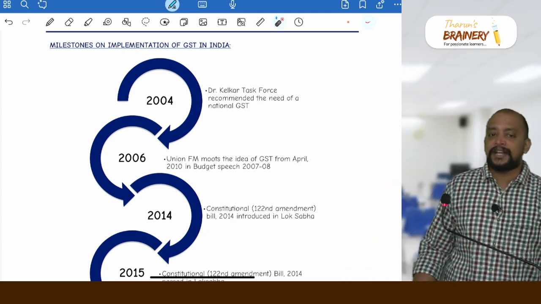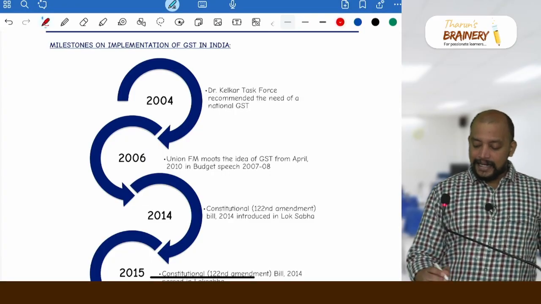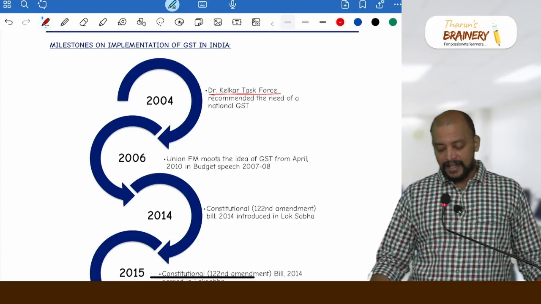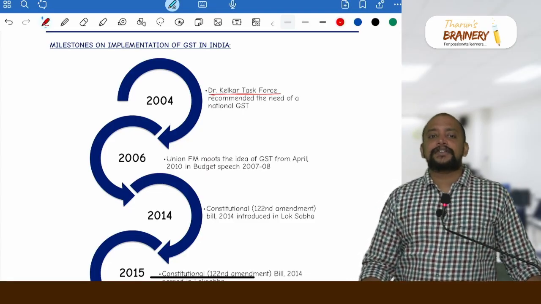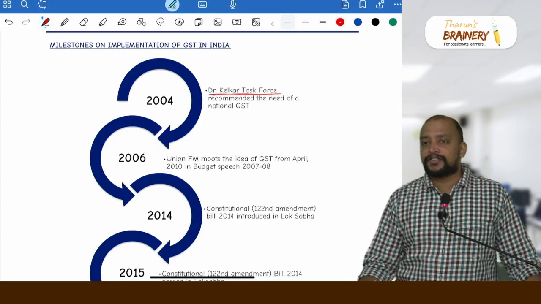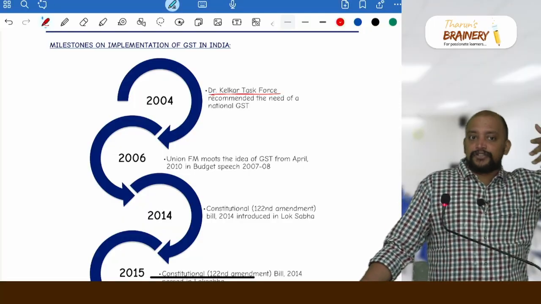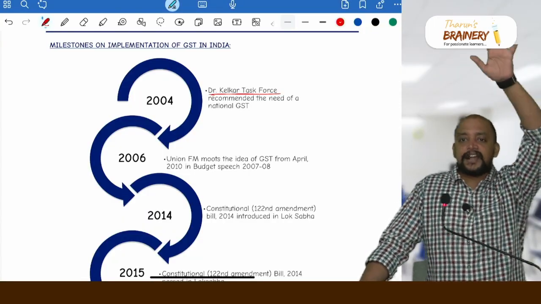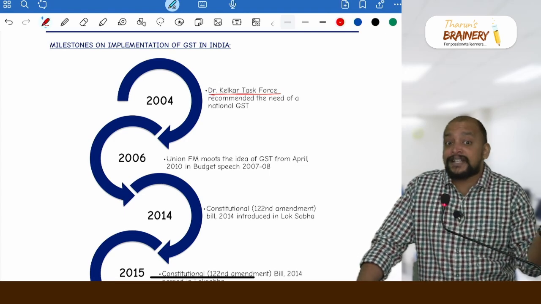Underline that. They recommended it. Why is a constitutional amendment required for bringing GST? Until 2017, before GST implementation, the central government used to collect some taxes and the state government used to collect some taxes. Now both governments will be levying in parallel, which means a constitutional amendment is required.